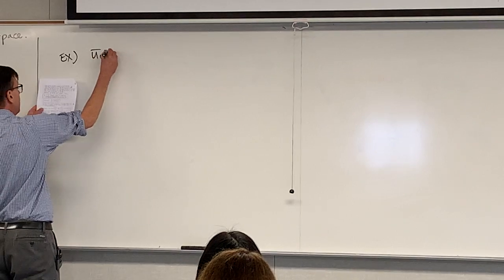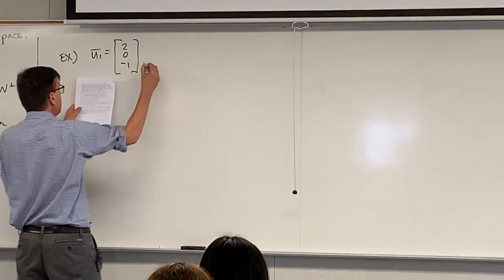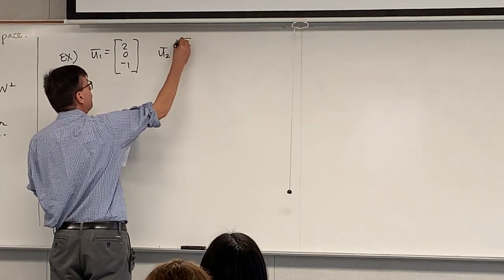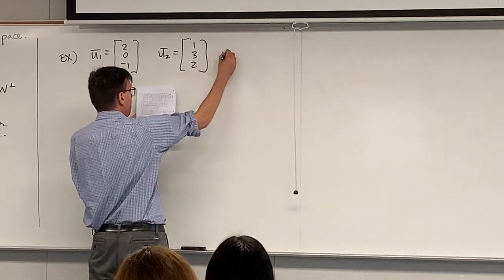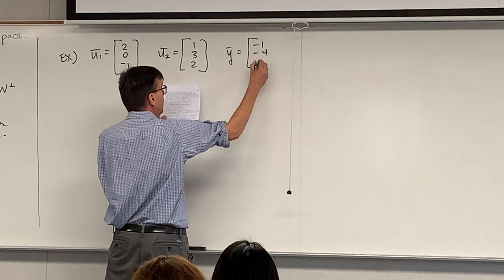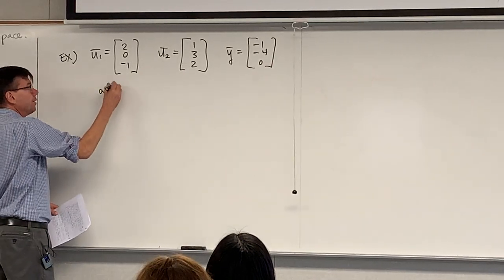U1 is 2, 0, negative 1. U2 is 1, 3, 2. Our y is negative 1, negative 4, 0. So these are all vectors in R3.